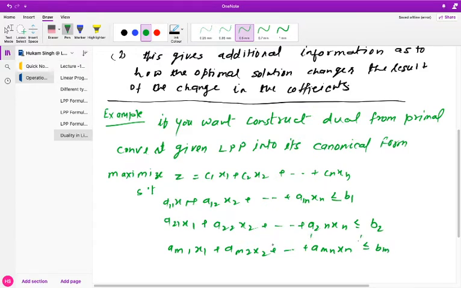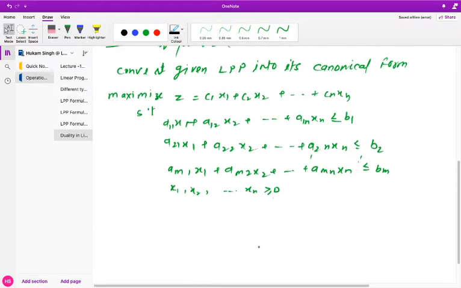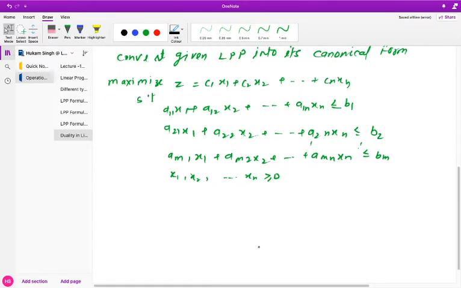This LPP contains n variables and m constraints, and at last don't forget to put the non-negativity constraints: x1, x2, dot dot xn are all greater than or equal to 0. So this is the canonical form of the LPP.